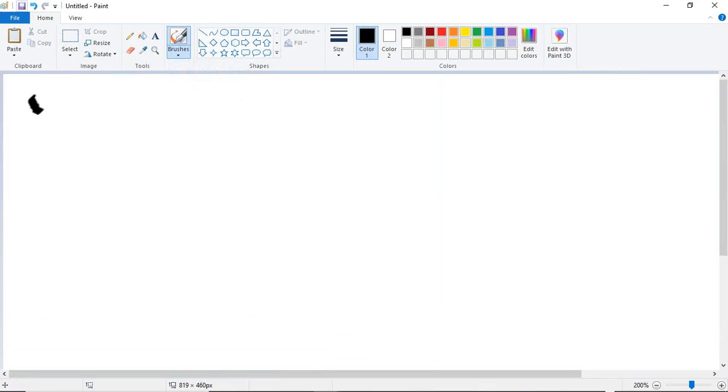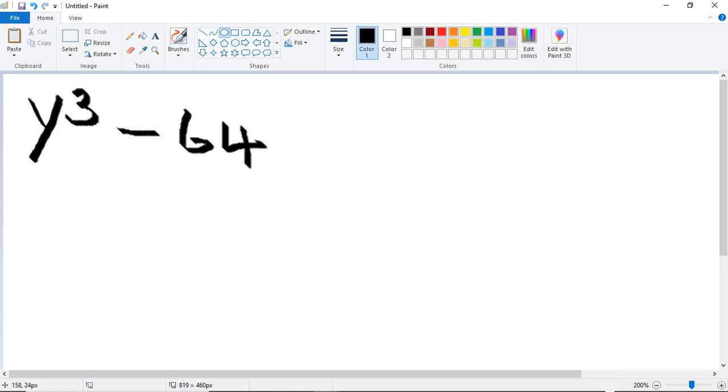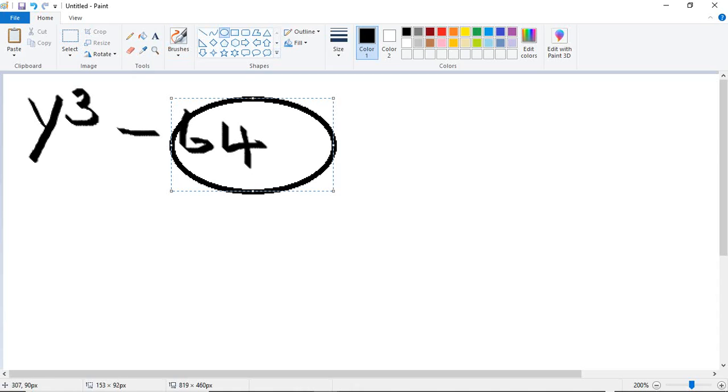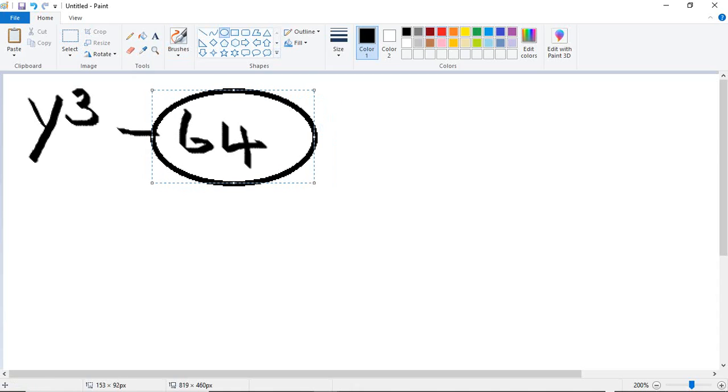Okay, this is a bit way too big. Let me just use that. Think of this as, remember that we have y cubed. Pardon my handwriting. I'm using minus 64. Remember, with this 64, let me just circle this. With this 64, let me just put it in a different color there.